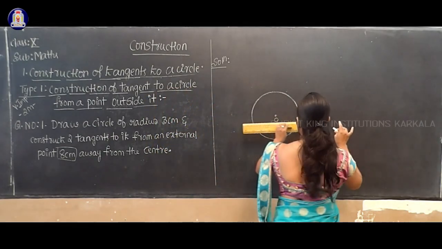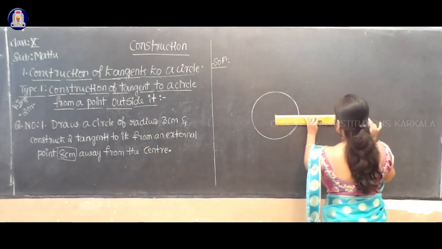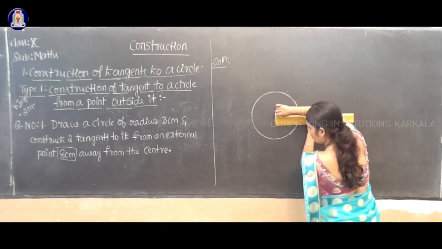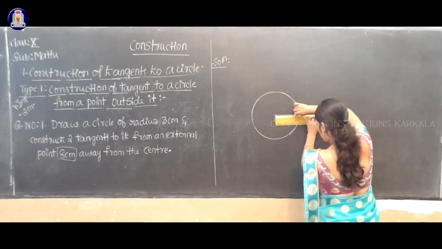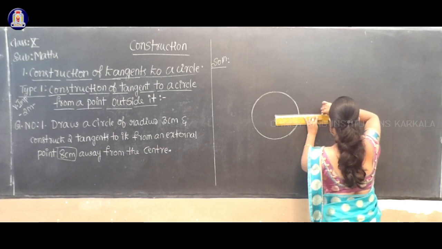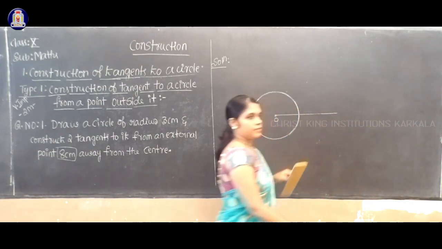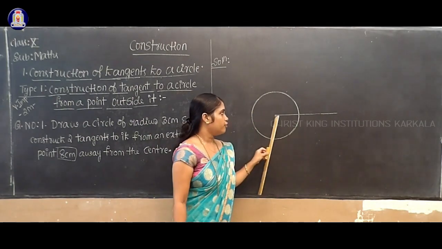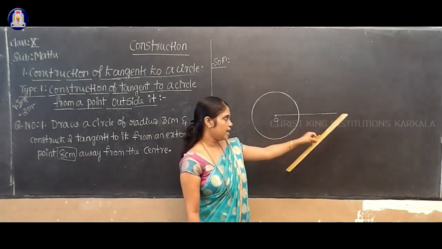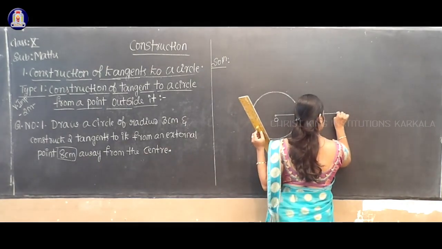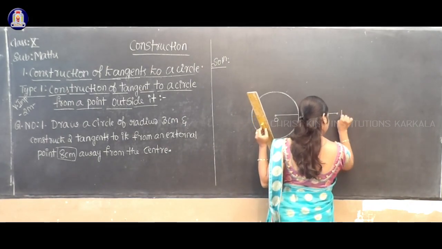Count from the center, 0 to 8 centimeter. Now from the center, draw one line of 8 centimeter. So this is your point P.